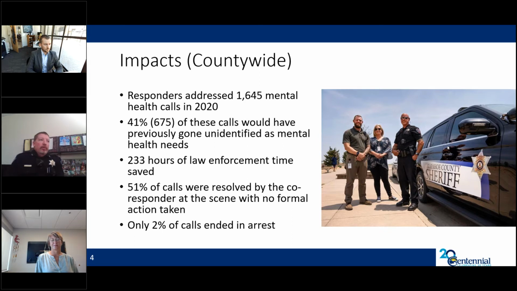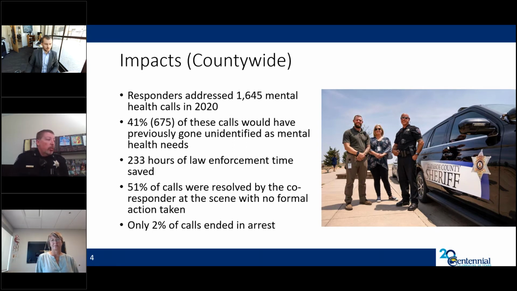So we developed some program metrics. So we started tracking the actual data that we needed to answer those questions and be able to demonstrate that need and see if we need more, or if we're at about the right staffing, or exactly what are the impacts for our community and the service area.